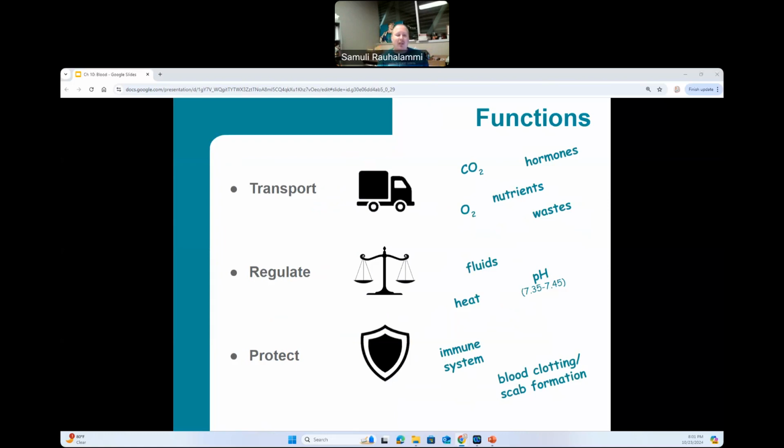When we talk about protective functions of the blood, we're really talking about white blood cells as they relate to preventing pathogens. Blood also helps prevent us from bleeding out, forming a scab when necessary, so we don't just keep bleeding.